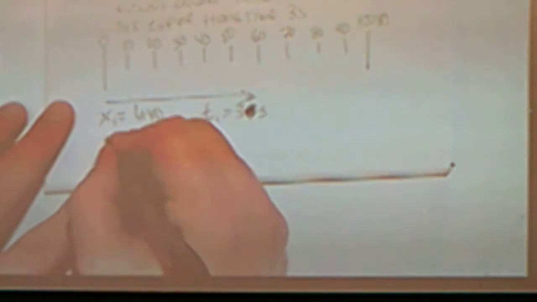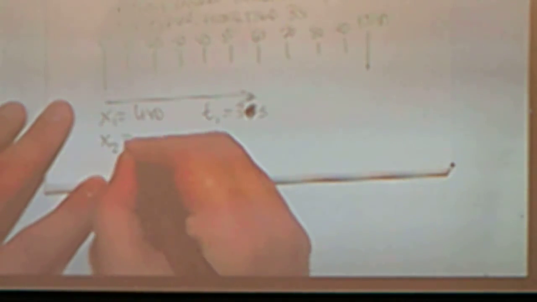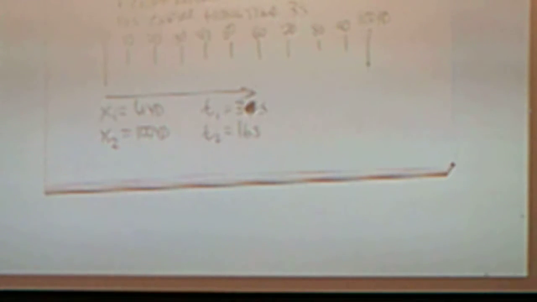Great. The second time we know is going to be x2 and t2. What time does that correspond to? 16 seconds. And what position? 100. Yep. In our more rational coordinate system, their goal line is at 100.